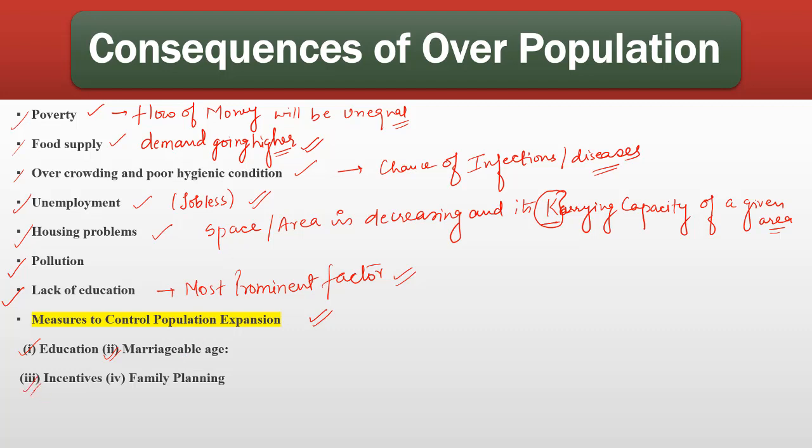Incentives and family planning. What does incentive mean? Incentive simply means that, to control population expansion, we give a small amount of money as a booster, which can be used by the persons.